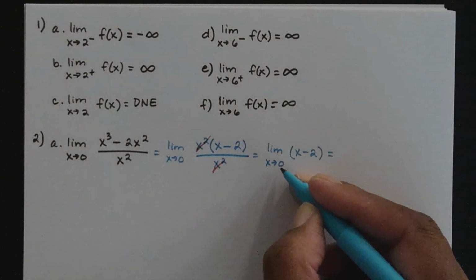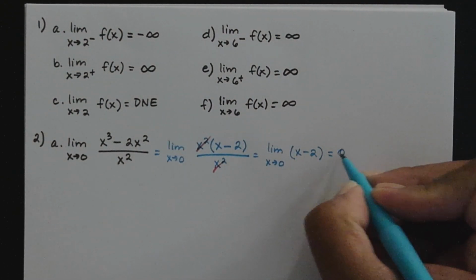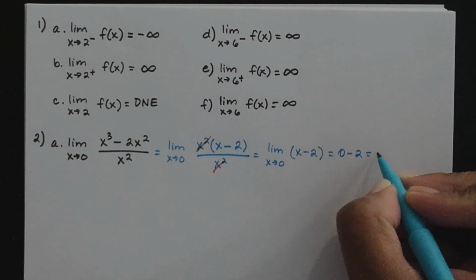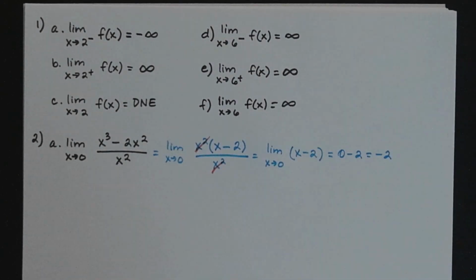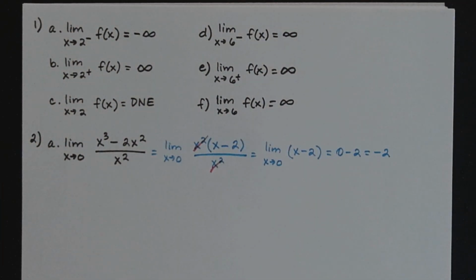Just replace this x with that 0. So it'll end up being 0 minus 2, which is negative 2. So the limit as x approaches 0 of x cubed minus 2x squared divided by x squared ends up being negative 2. Okay. Questions about part A?